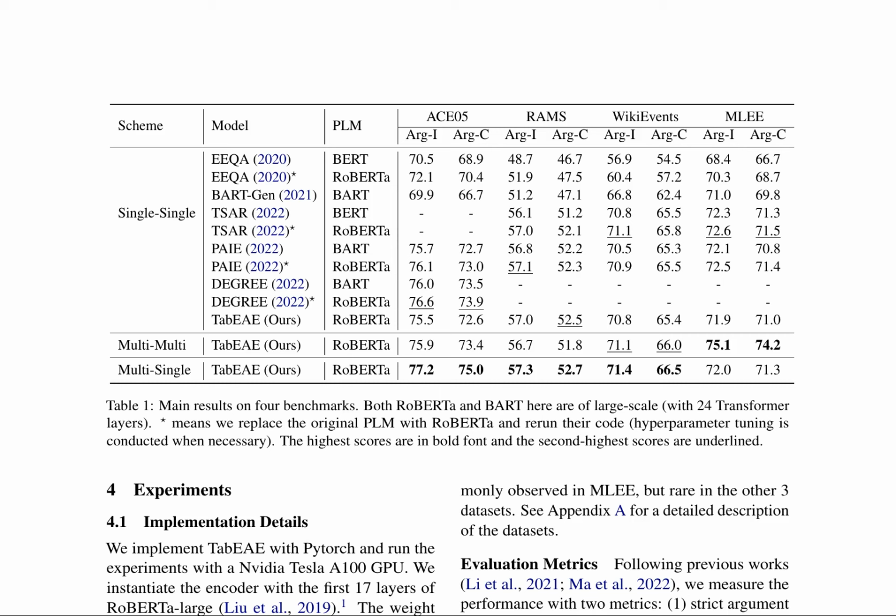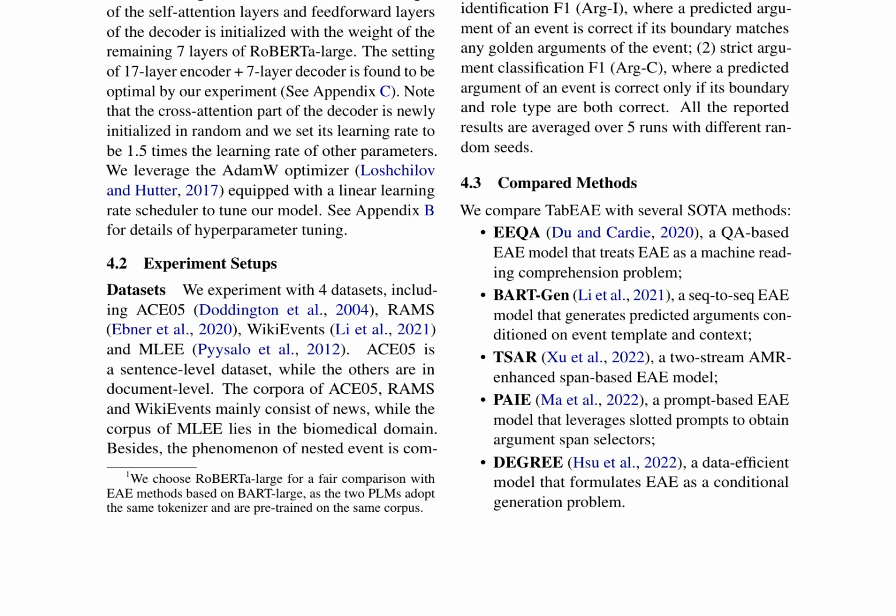The authors evaluate TabEAE on 4 benchmark datasets, including ACE05, RAMS, WikiEvents, and MLEE, and compare its performance with several state-of-the-art (SOTA) methods. Experimental results show that TabEAE is competitive with SOTA models, achieving high scores in terms of strict argument identification F1, ARG-I, and strict argument classification F1, ARG-C, on all 4 datasets.